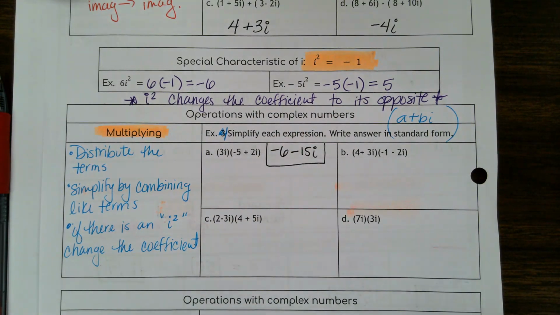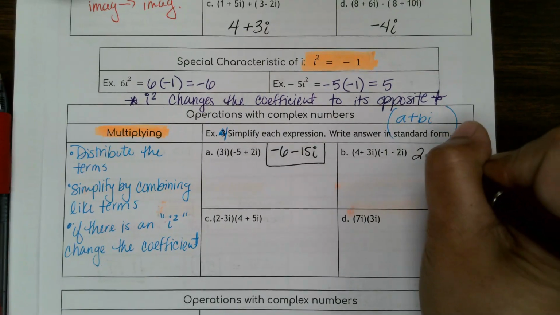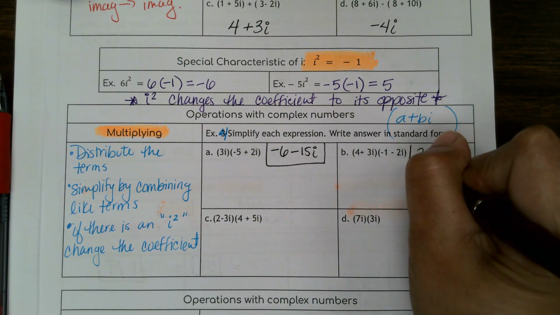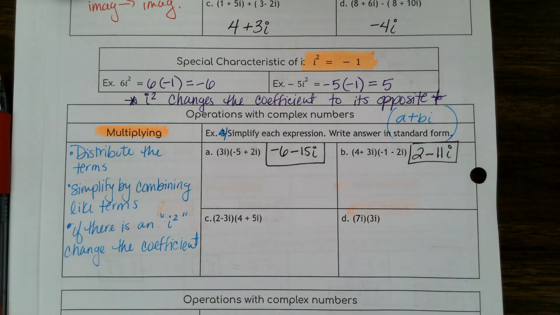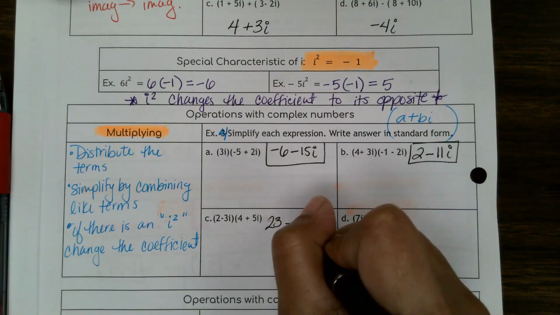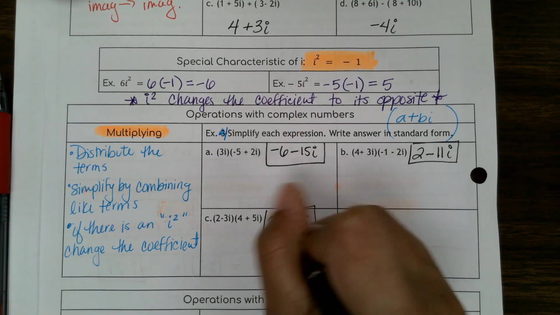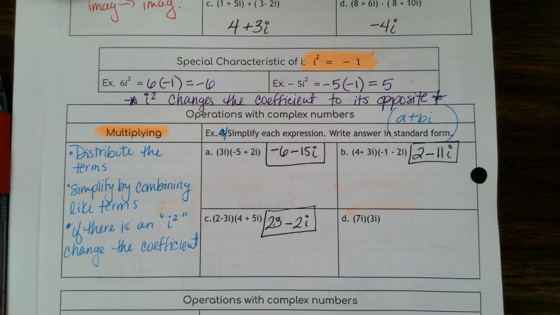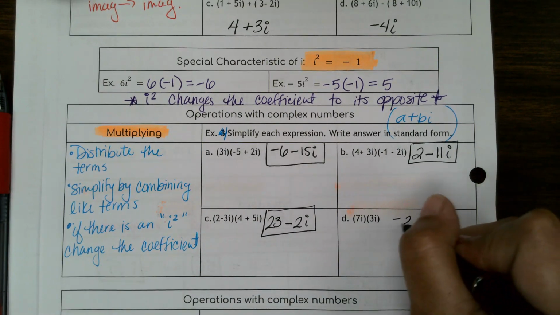The second one, you should have arrived at 2 minus 11i. The third one, you should have gotten 23 minus 2i. And lastly, letter D, you should have arrived at negative 21.